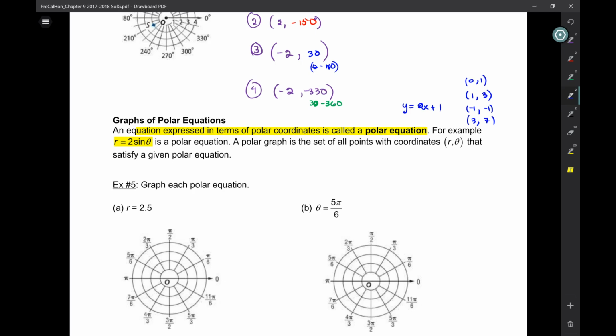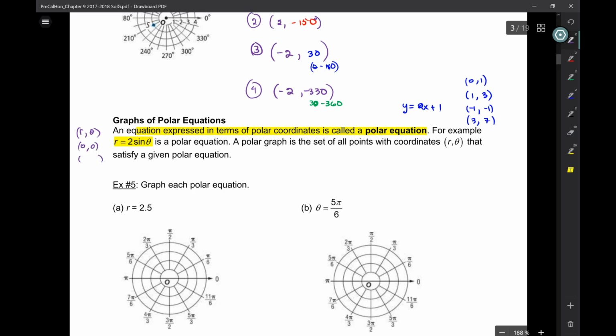Yes? Okay, it's the same thing with polar coordinates. If I graph r equals 2 sine theta, I've mapped out every single coordinate point r comma theta that satisfies that equation. So for example, if theta is 0, what would r be for that equation? 0.